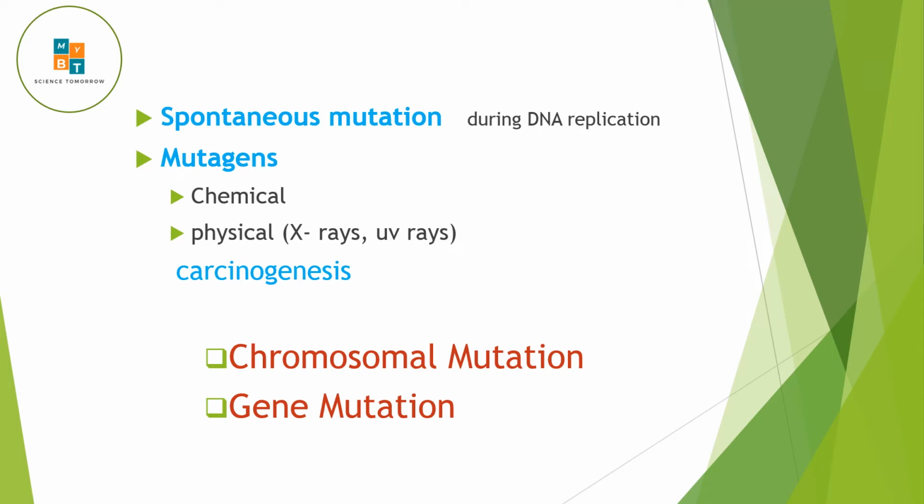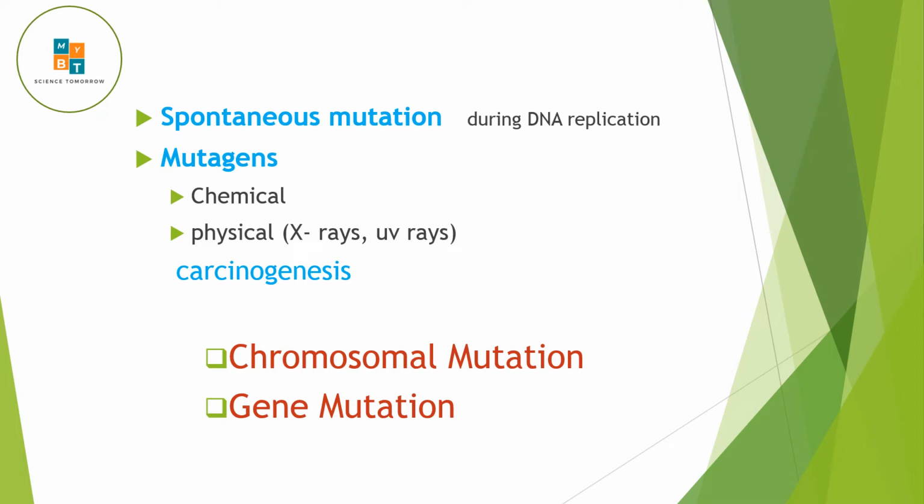Normally, because of the proofreading activity of the polymerase, as we learned in our previous tutorials, you can watch my videos about replication where I have talked about it. So if there is any mutation with DNA replication, you call it spontaneous mutation.